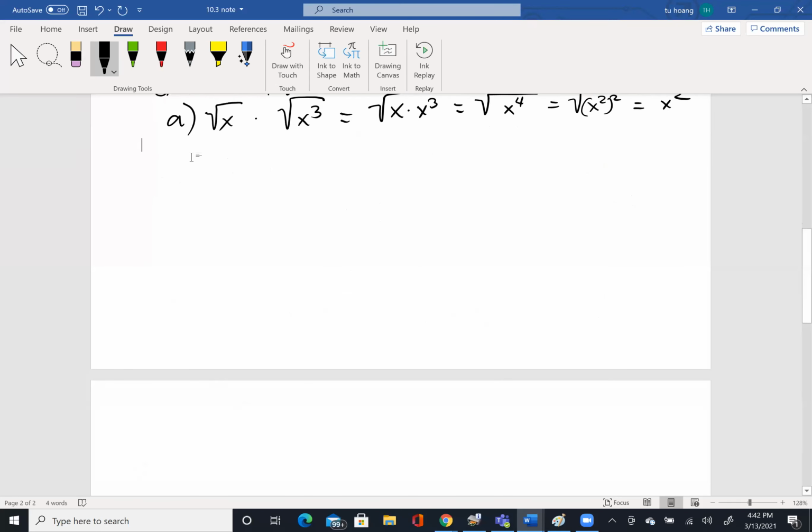So now let's have problem B. Let's say fifth root of 2x over y multiplied by fifth root of 16y over x. Okay.